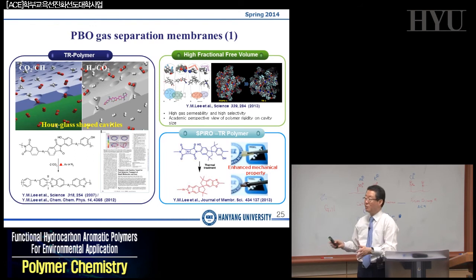Hanyang University is a mecca of TR polymer membranes. Although TR polymer itself was not first made at Hanyang University, it was first made back in 1966 by Russian chemists.